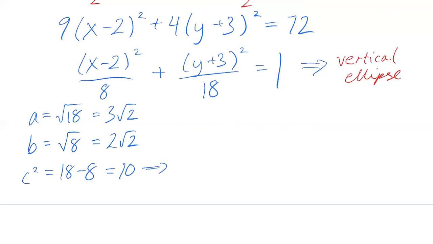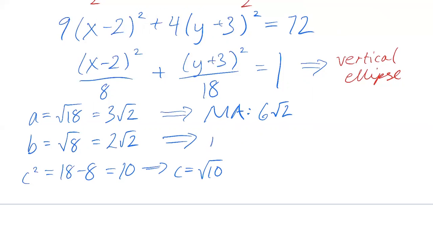So c would be equal to root 10. Now let's go through and write up our important pieces. Well, if a is 3 root 2, that means that my major axis is going to be 6 root 2. If b is 2 root 2, my minor axis is going to be 4 root 2.